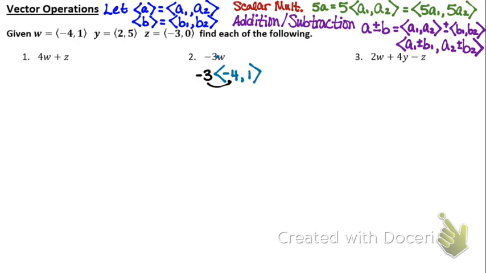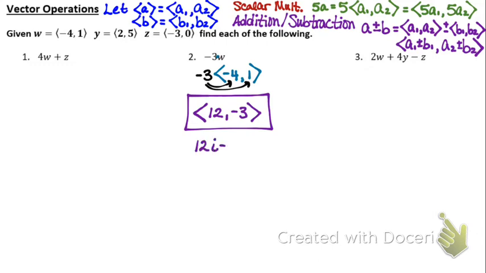So I take this -3 and I just distribute it to both pieces. So what would my new vector be if I multiply each of these by -3? 12, -3. That is scalar multiplication. How would I write that one in ij form? 12i minus 3j.